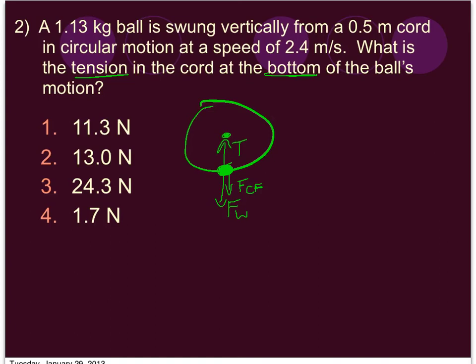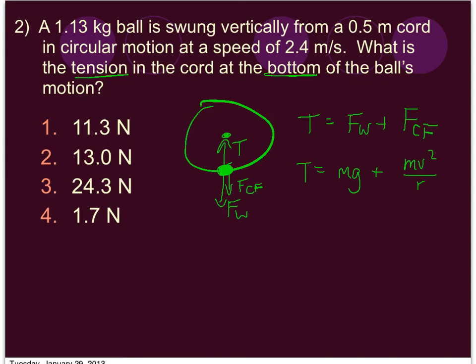Now, we know that F net has to be 0 here, so we can set tension equal to Fw plus that centrifugal force. Okay, and we can substitute in. We know Fw is equal to mg plus centrifugal force, which we know is equal to mv squared divided by r.